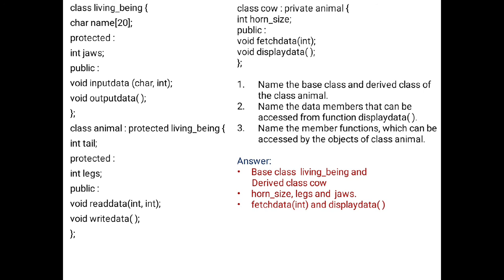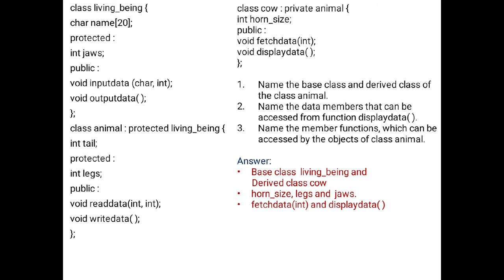However, the private data member, that is int tail of the class animal, cannot be inherited by the class cow, even though the access specifier mentioned is private. Only the protected data member, that is int legs, will be accessible, and it will change from protected to private. And then public read data, write data will change from public to private.